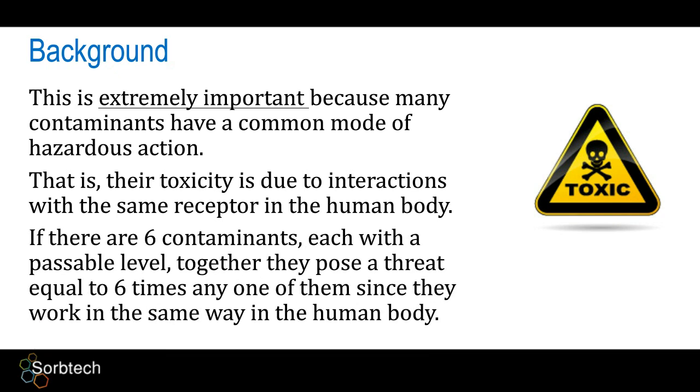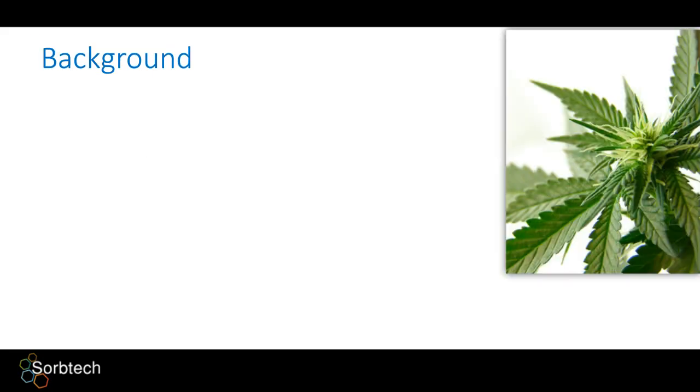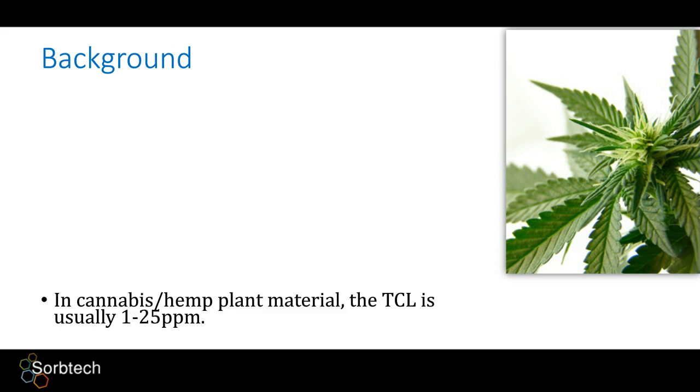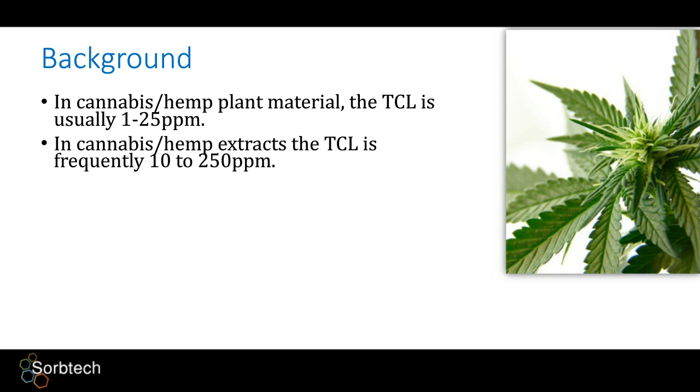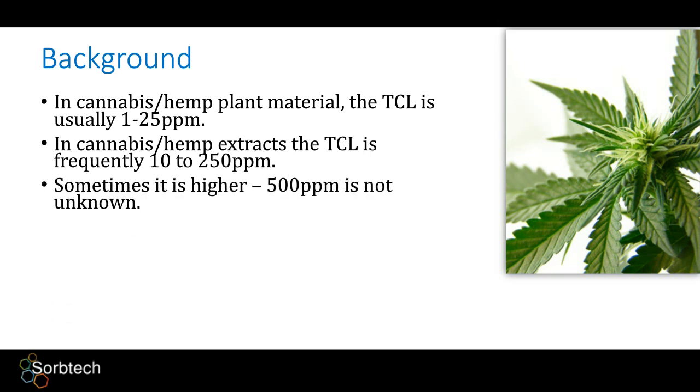For example, if there are 6 contaminants, each with a passable level, together they pose a threat that is equal to 6 times any one of them singly, since they work in the same way in the human body. So, in cannabis and hemp plant materials, the total contaminant load is usually somewhere between 1 to 25 ppm. But it's frequently 10 to 250 ppm, and sometimes it is even higher.